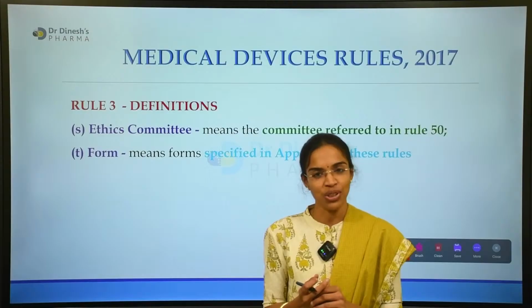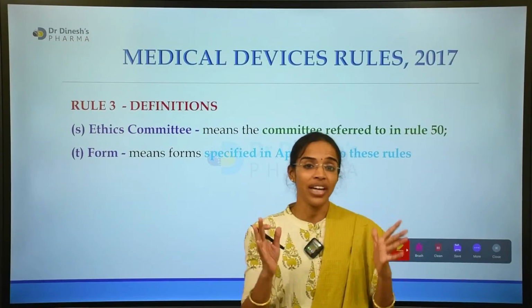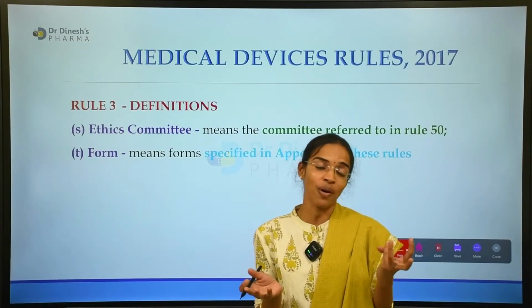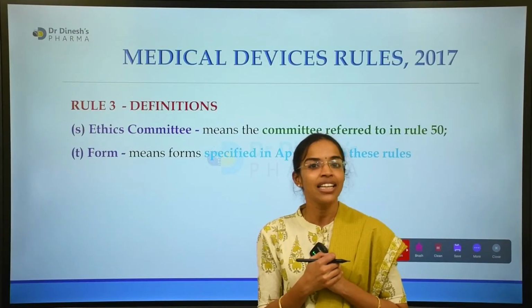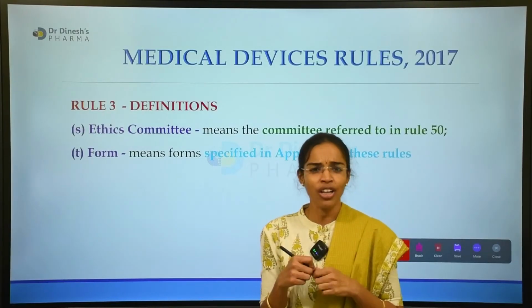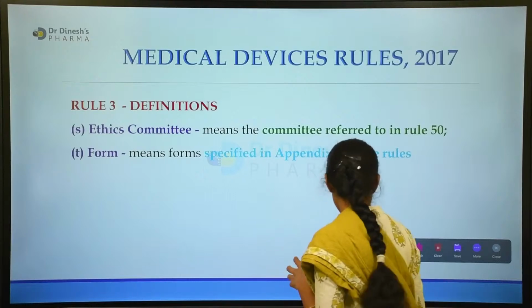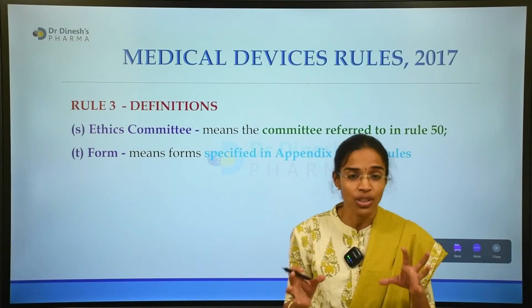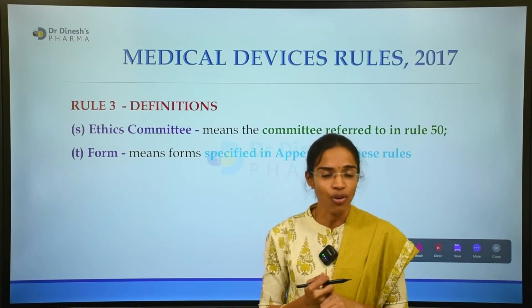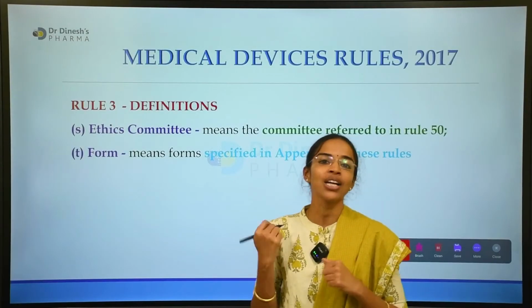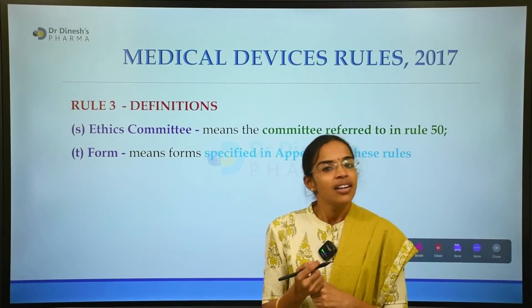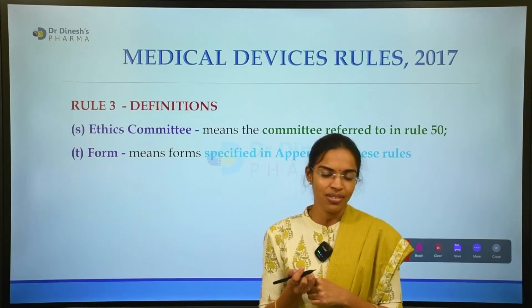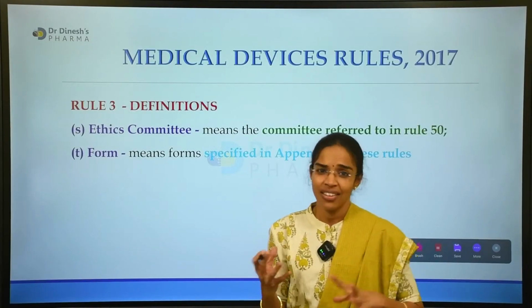Moving forward to rule 3T. Very important, again very important. Rule 3T deals with the forms. We discussed the forms in our previous sessions, in the introduction sessions. How many forms does MDR 2017 cover?